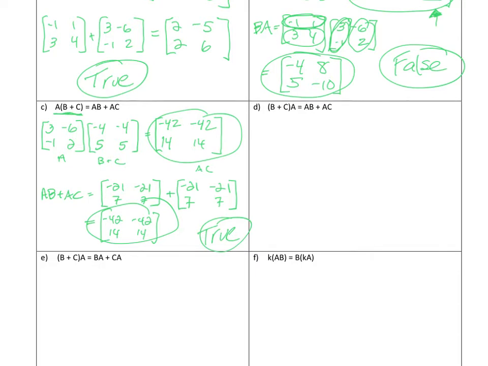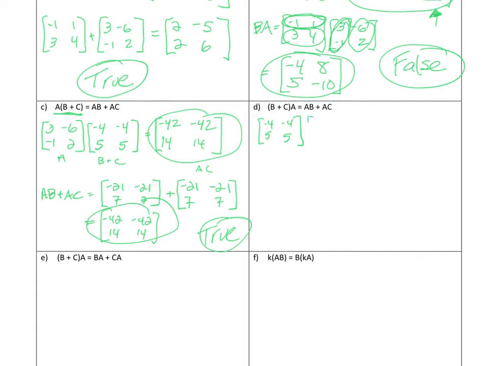Now I have another test that looks like the distributive property, except that the A is on the right of the parentheses. And I want to know, does B plus C times A equal AB plus AC? All right, so B plus C we know is -4, -4, 5, 5, because I did that just a minute ago right here.